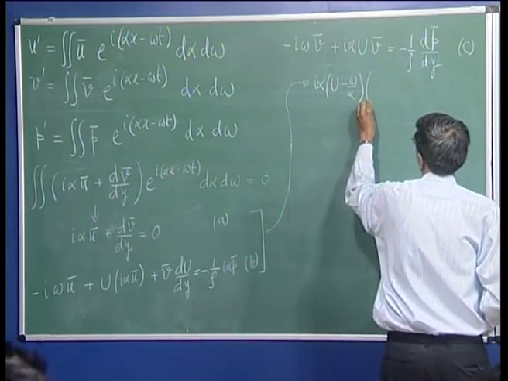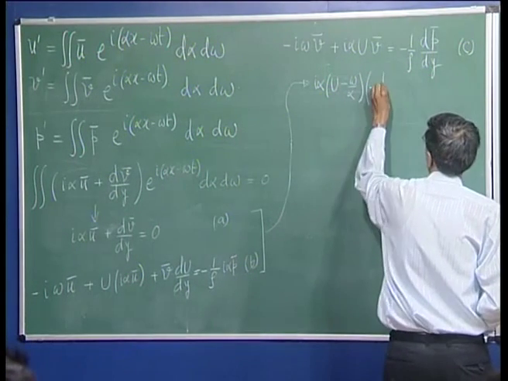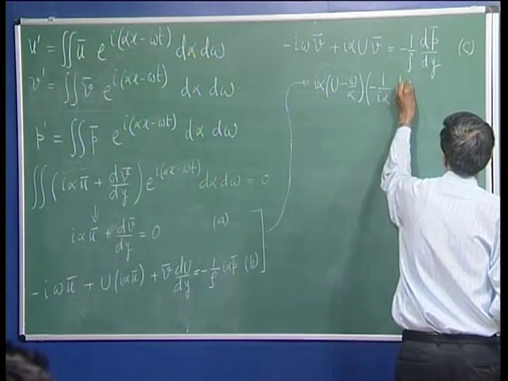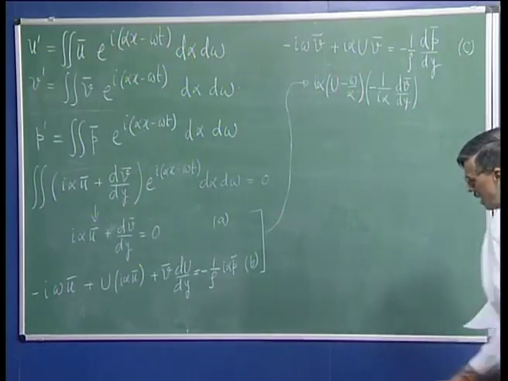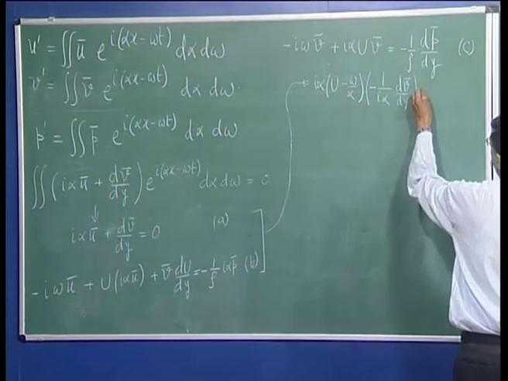So I will write that u bar is minus 1 upon I alpha times dv bar dy. That is that term. Then of course I have the v bar term.